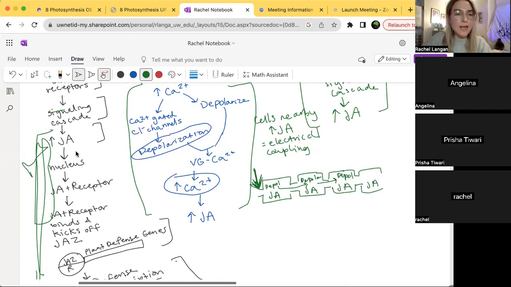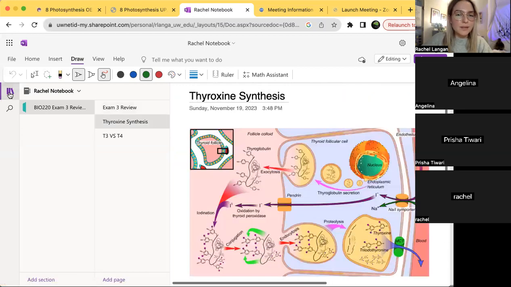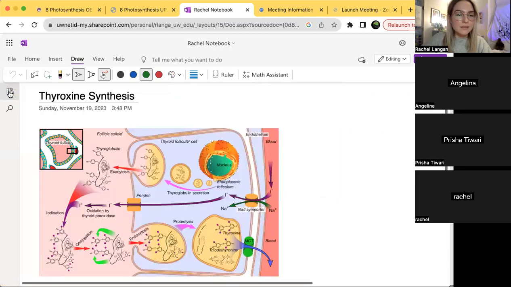All right, last topic of the test. We'll go over it super quickly: thyroxine. So this is like the one non-plant thing we did. We went over basically just an illustrative example of hormone signaling in animals. And we picked thyroxine.